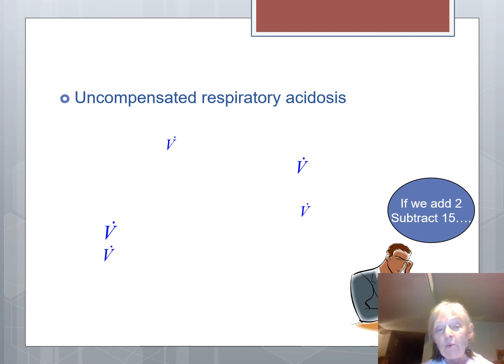Remember also, when we talked about electrolytes, we said that chloride and bicarb are inverse to each other. If your bicarb is going up, your chloride has to go down. Why do we care about that?